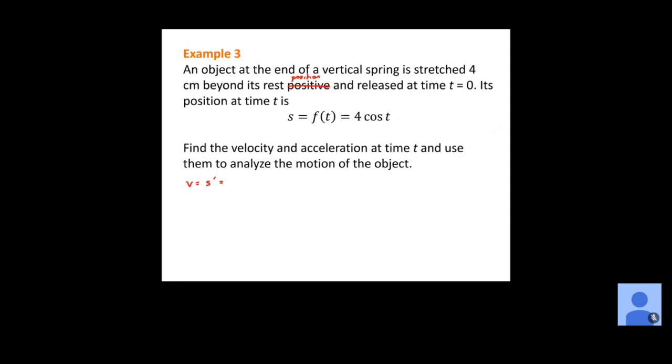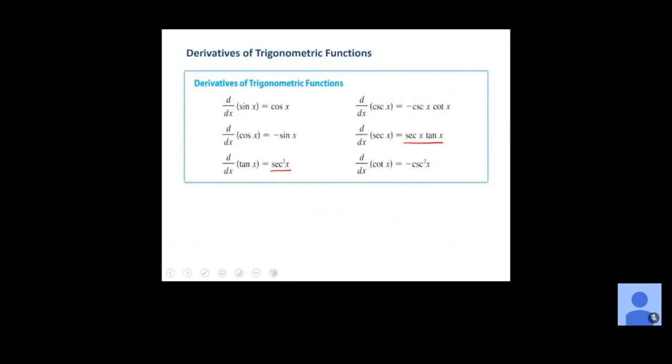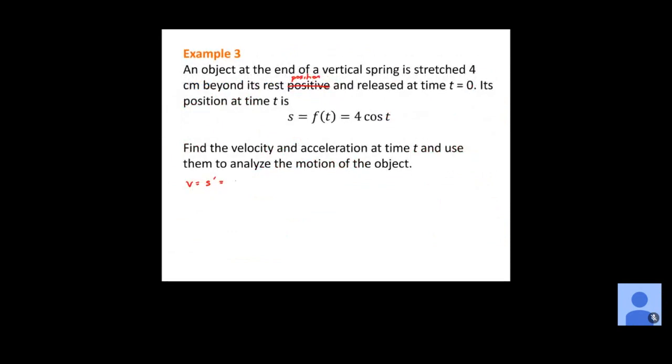Think back: what's the derivative of just cosine? Negative sine. Then we keep the coefficient, the 4. So this is 4 times negative sine t, or just negative 4 sine t. We don't have to use a product rule, because the 4 is just a constant. We just keep the 4, take the derivative of cosine, and that gives us negative 4 sine t. Any questions on that derivative?